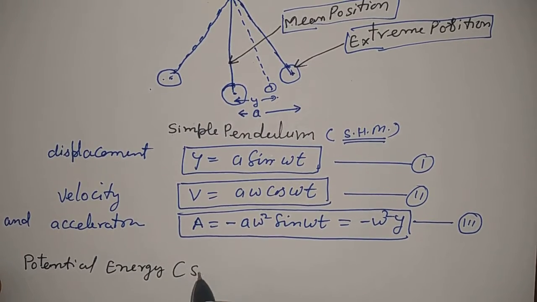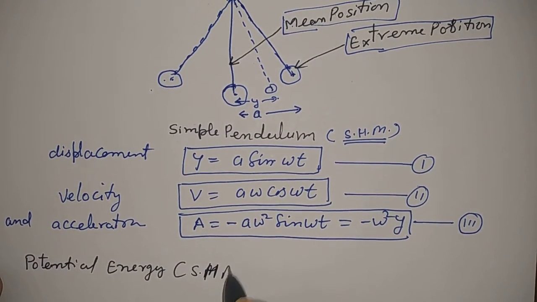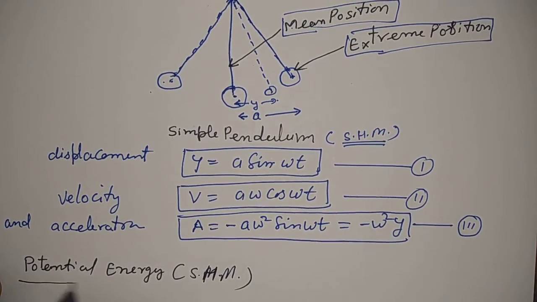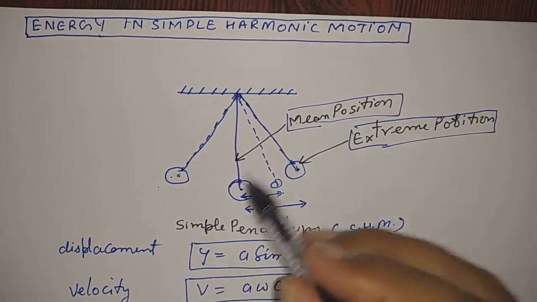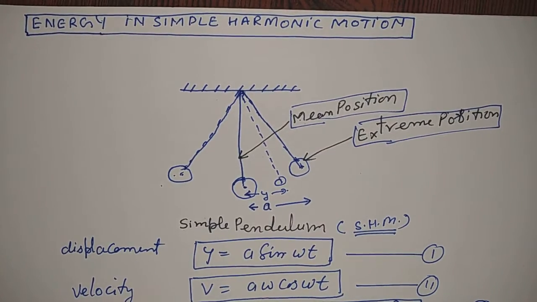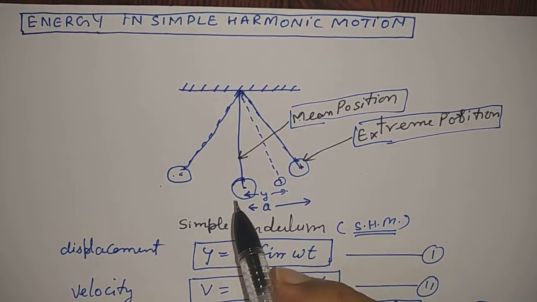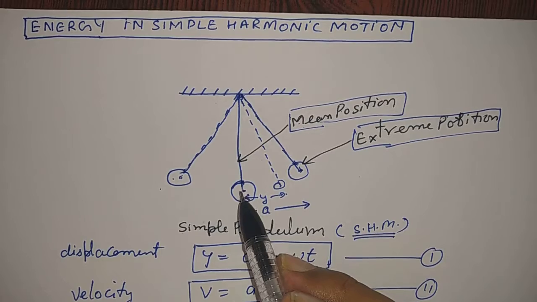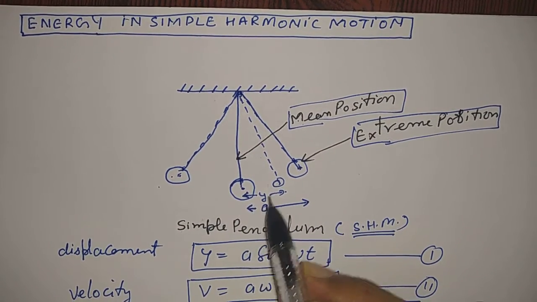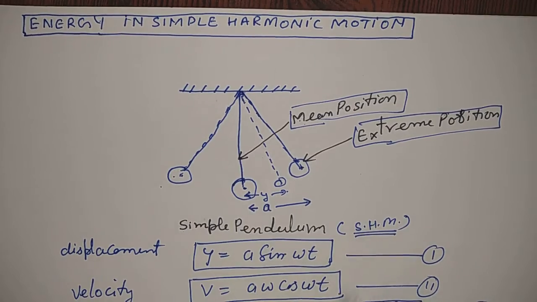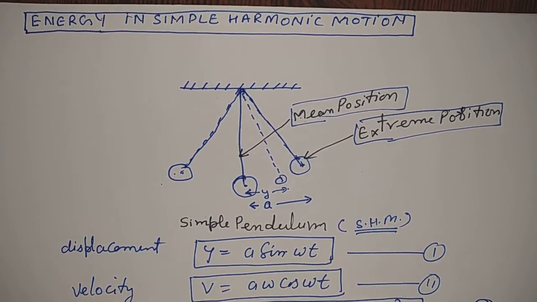Energy in case of simple harmonic motion, SHM. When the pendulum is at its mean position and you want to make it oscillate, whatever work is done to oscillate it or to give the displacement in the simple pendulum is called potential energy.